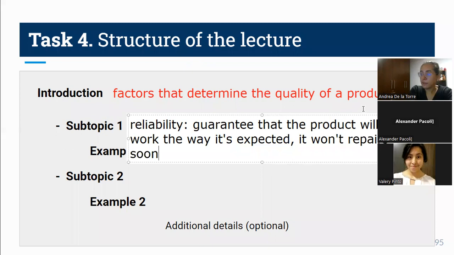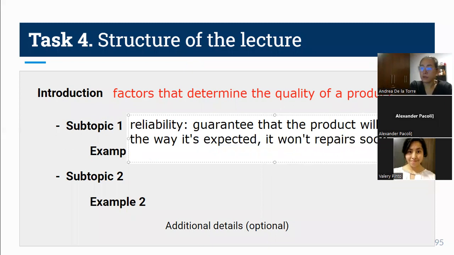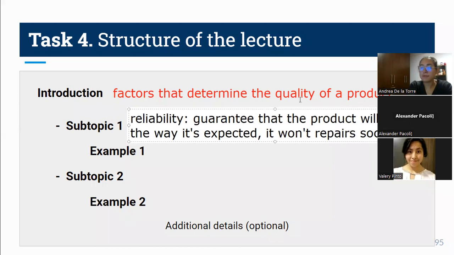So in the first subtopic of the lecture, the professor presents the subtopic and then explains it a little bit. Maybe gives a definition, maybe just explains it in some way. And then I don't know if you guys noticed, but the professor gives an example of that subtopic, right? So the professor gives an example of reliability. Do you guys remember what the example was? What was the example?